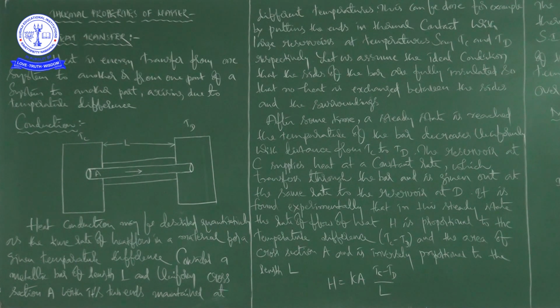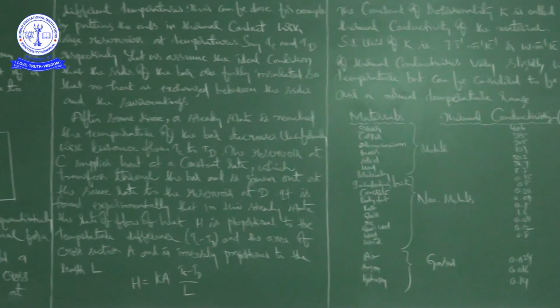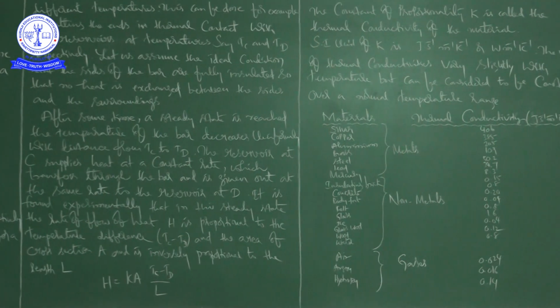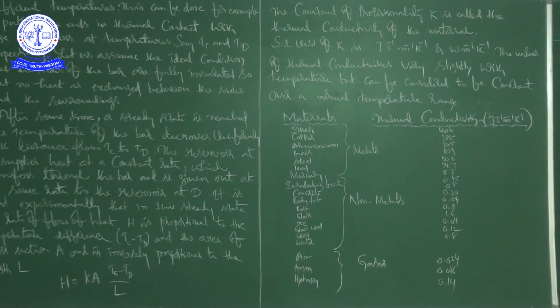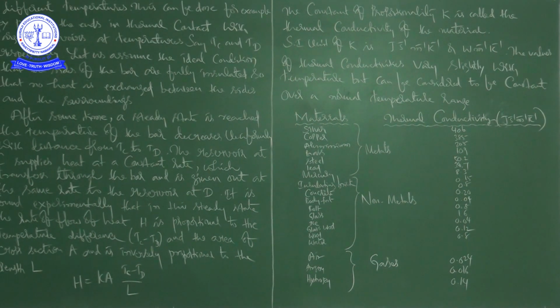It is the most important physical quantity which determines the rate of flow of heat through a metallic bar. The SI unit of thermal conductivity is joule per second per meter per Kelvin.